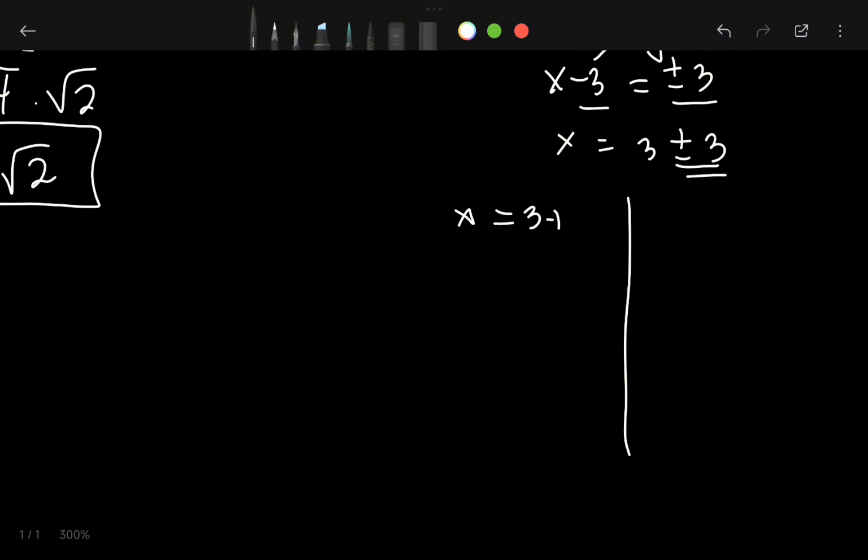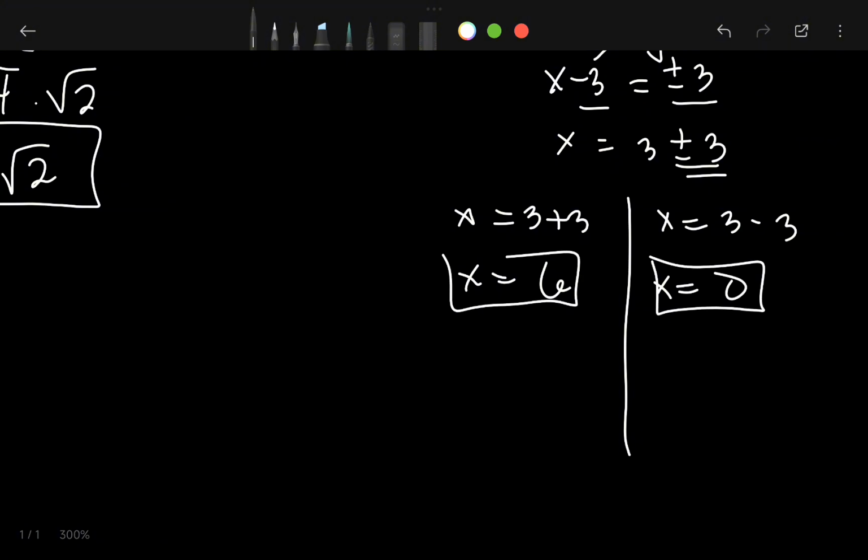So you have x is equal to 3 plus 3, followed by x is equal to 3 minus 3. Then simplify. X is equal to 3 plus 3 is 6, followed by x is equal to 0. And that will become your final answer, where x is equal to 6 and x is equal to 0.